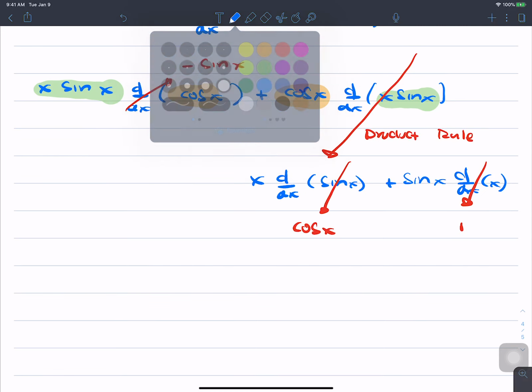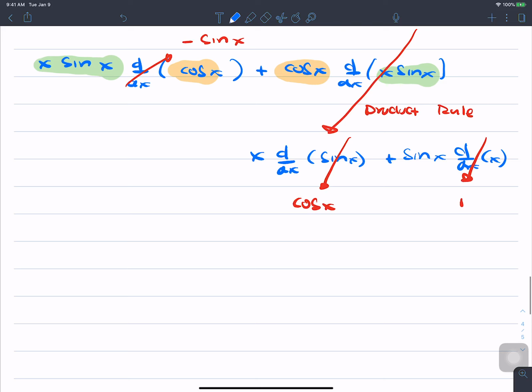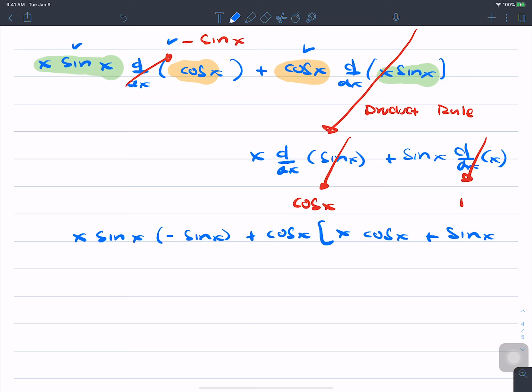So let's put this all together here. We have x sine x times minus sine x, and then plus cosine x times x cosine x plus sine x. Don't forget there was a cosine first.